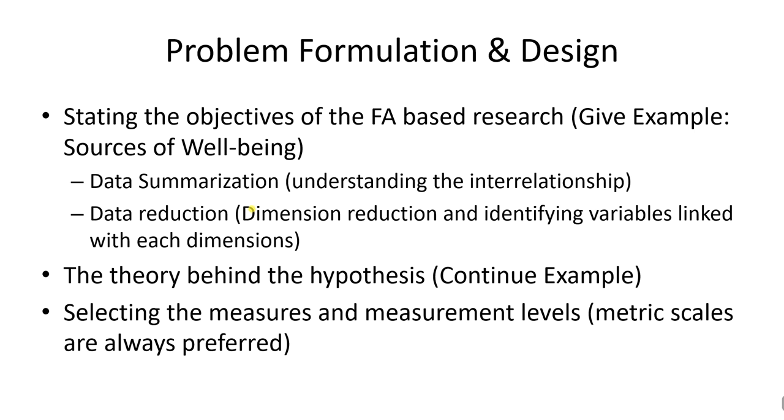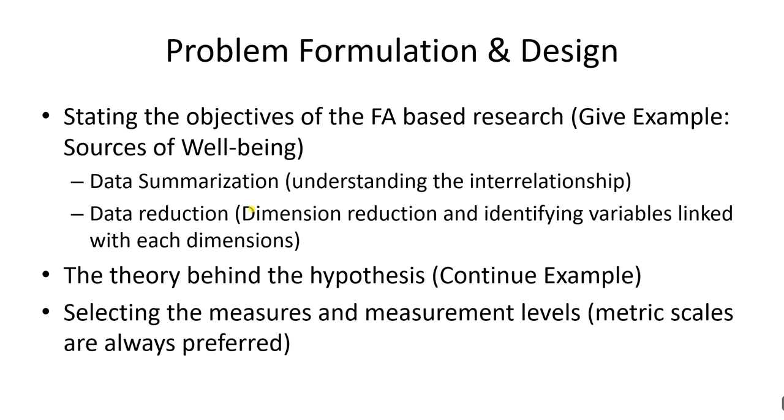So in brief, we have to formulate our research design. The objectives should be made clear. The theory behind those hypotheses must be given there. And then, after determining the objectives and the theory underlying those objectives, we will have to select the variables or the measures for our study. They should be selected based on the objective and hypothesis, and we decide the measurement levels.